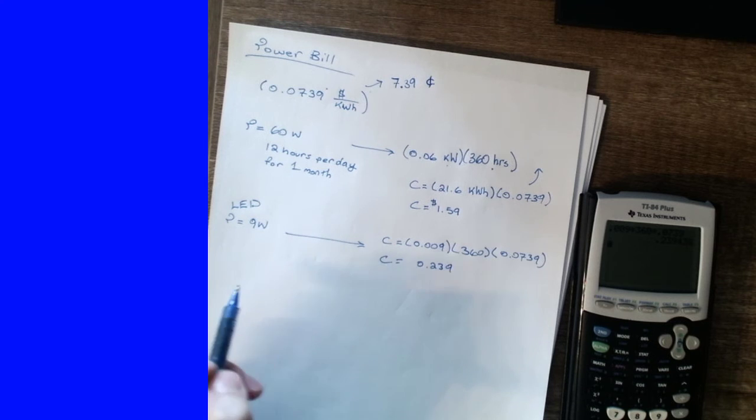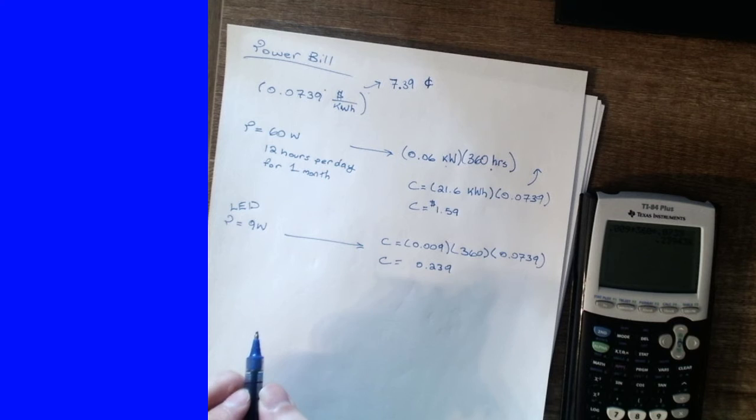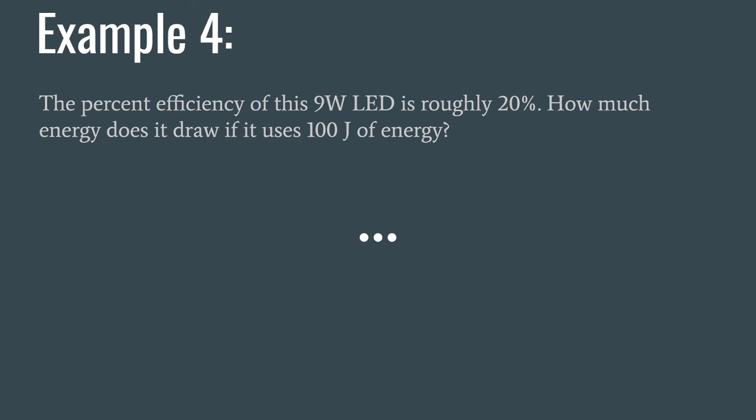So our next example actually has to do with percent efficiency. The percent efficiency of this 9 watt LED that we actually just talked about is roughly 20%. How much energy does it draw if it uses 100 joules of energy?